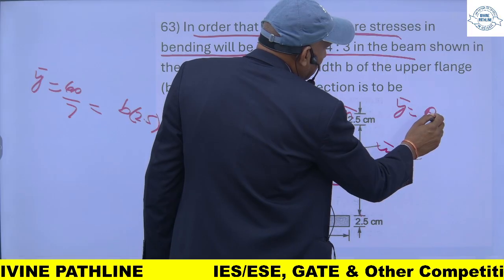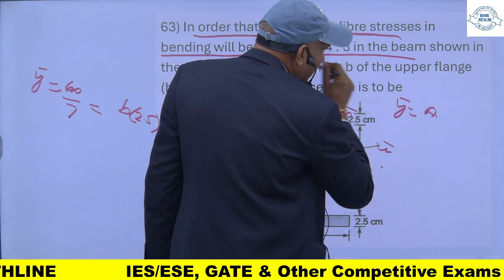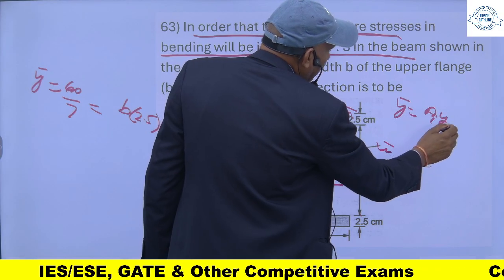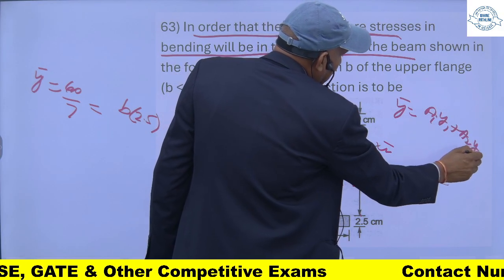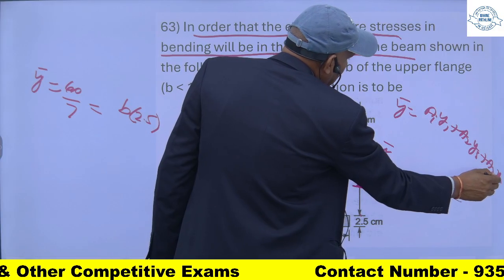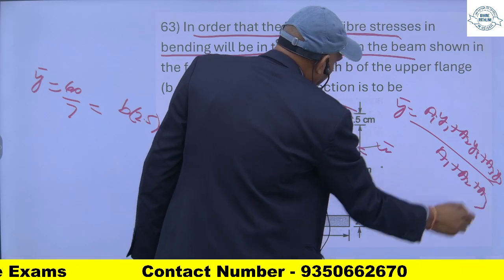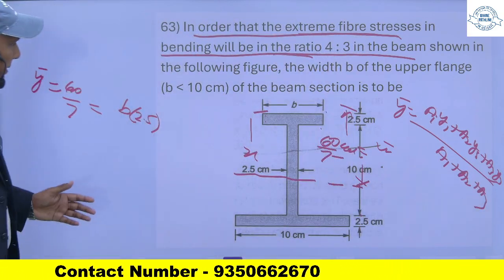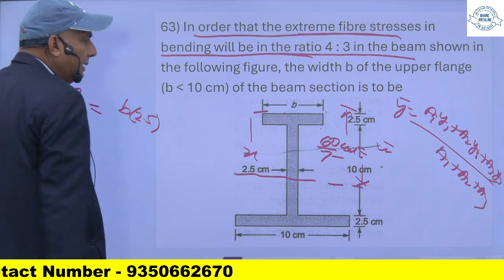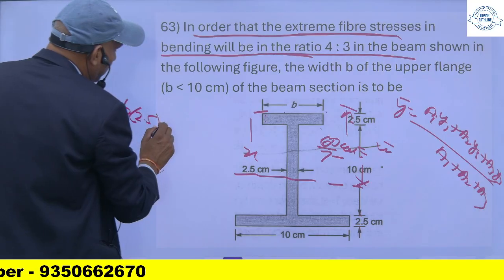A1 y1 plus A2 y2 plus A3 y3 divided by A1 plus A2 plus A3. This is the formula. So this y bar will be B into 2.5, this is the area, and distance is 2.5/2.